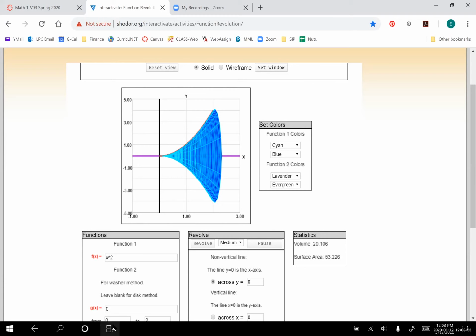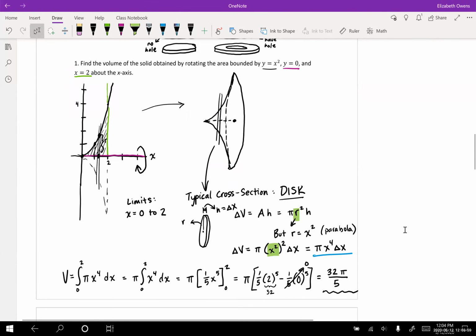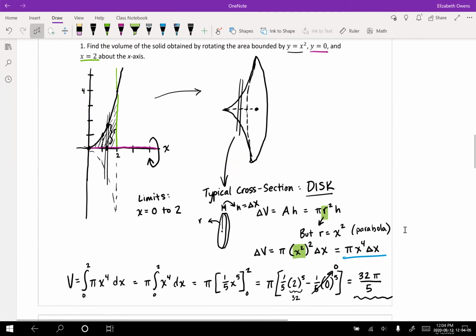So we end up getting an answer that agrees. Again, the hardest thing on these is visualizing the shape and coming up with the integral. Once you get to the integral itself, it's usually not too bad from that point on. But getting there can be hairy sometimes.